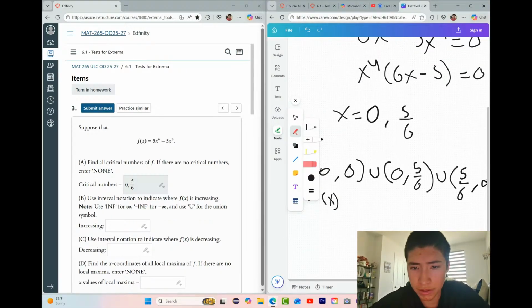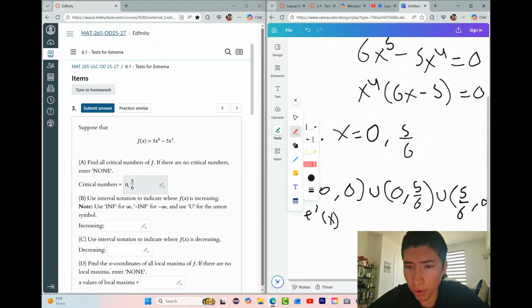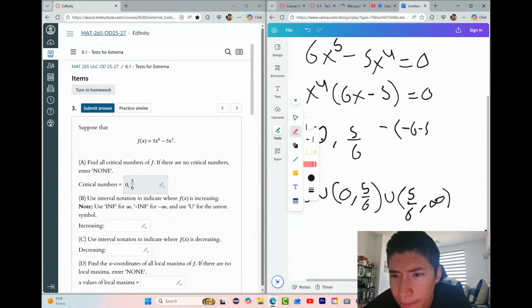So if we plugged in -1, we would have gotten negative. So then we have negative 6 minus 5, and that equals negative 11.